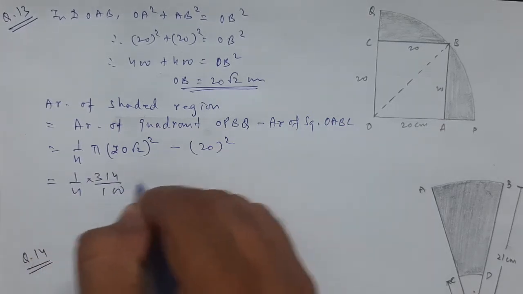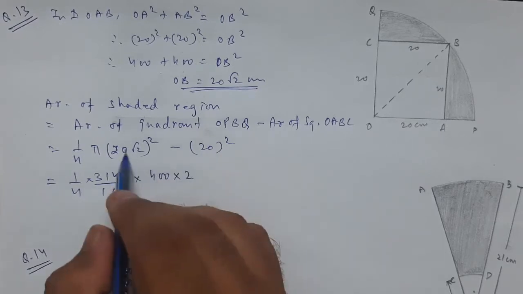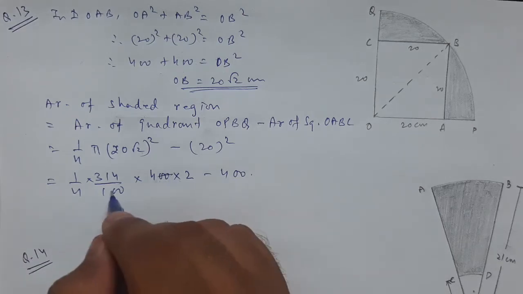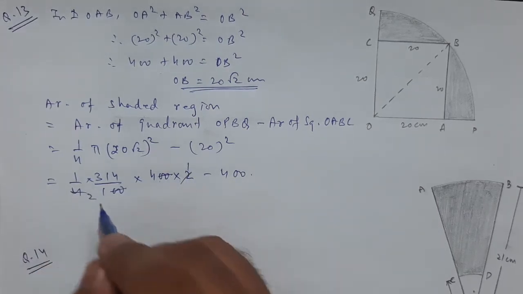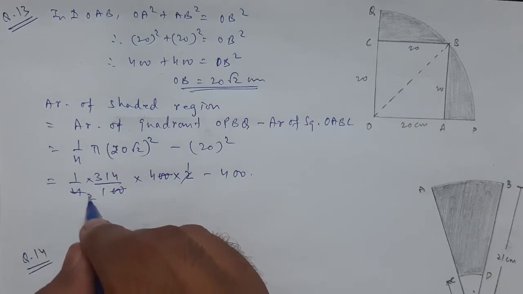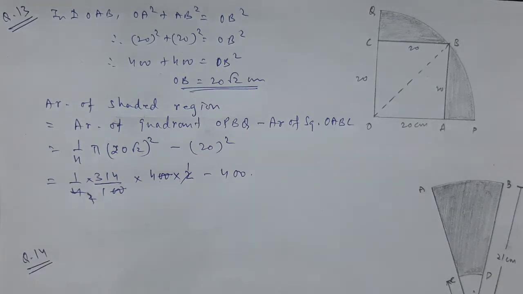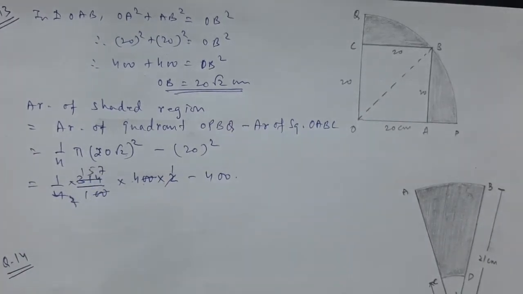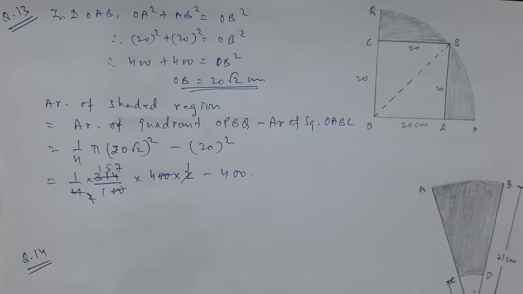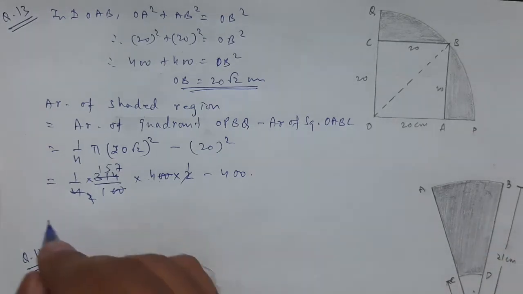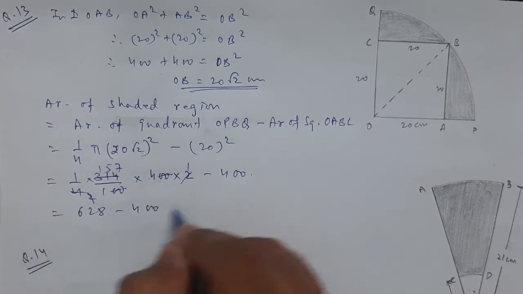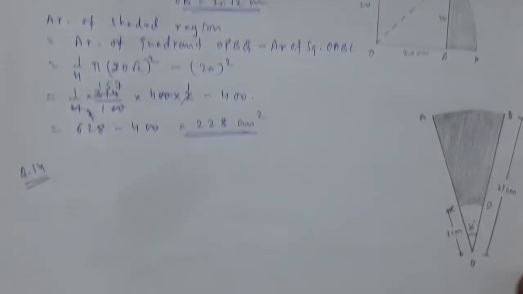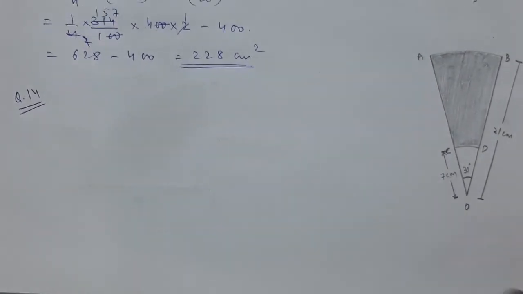So 314 by 100 into 400 into 2, minus 400. 2 zeros and 2 zeros will cancel here. 157 into 4 will give you 628 minus 400, that is equal to 228 centimeter square. So this is question number 13. Let us move ahead with question number 14.